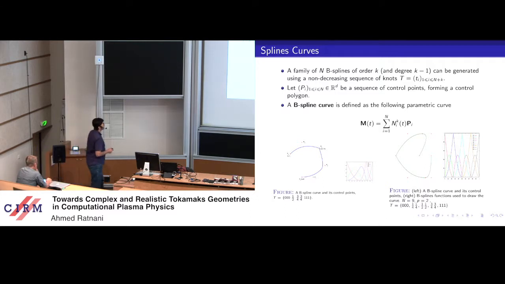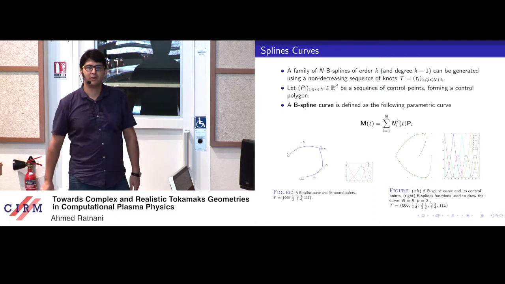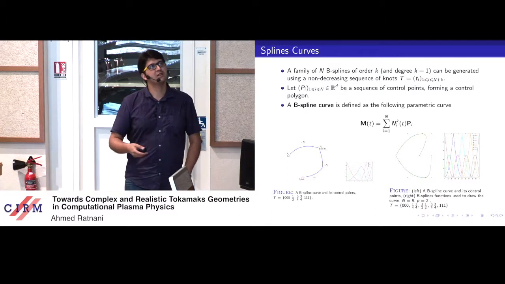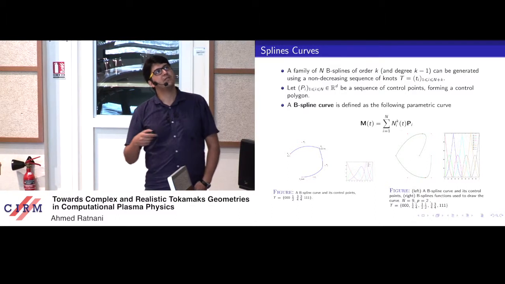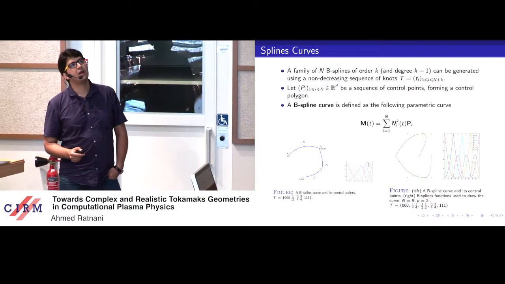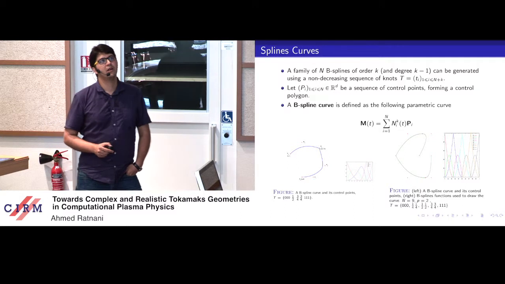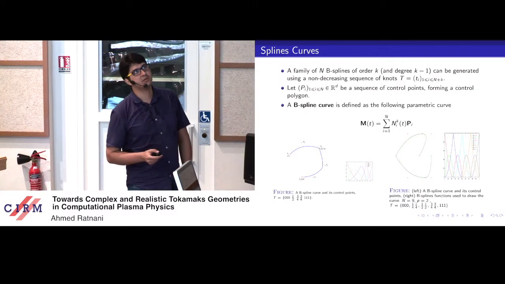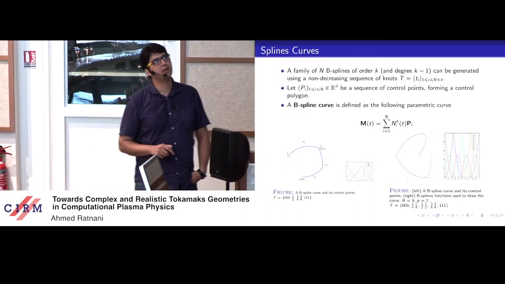A B-spline is a polynomial with the smallest supports possible when you try to ensure some regularity conditions. And for this, in order to create a family of B-splines of order k, you need to have n plus k points that we call knots. So t is the knot vector.